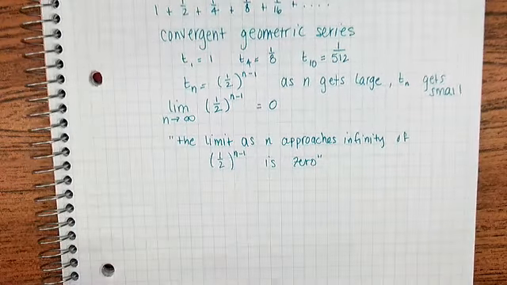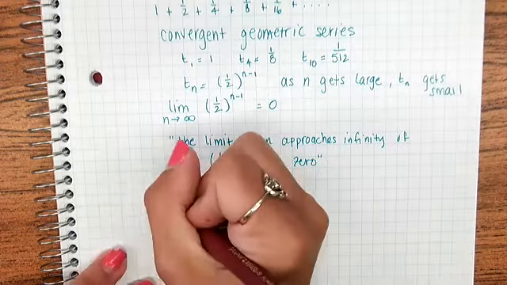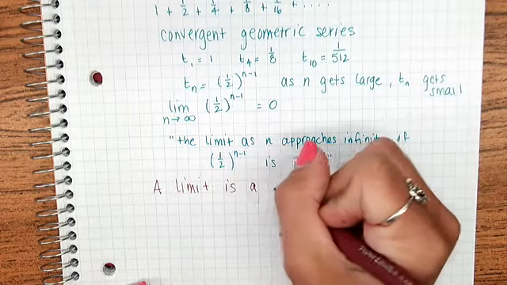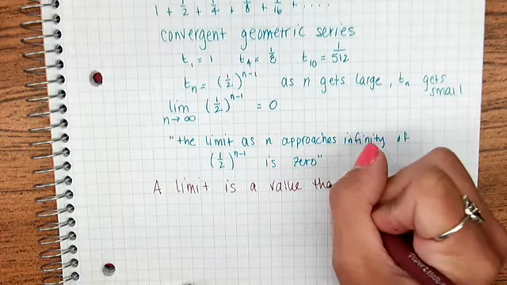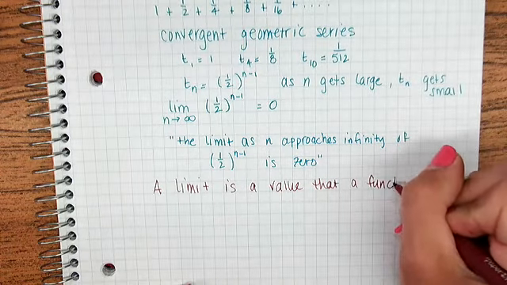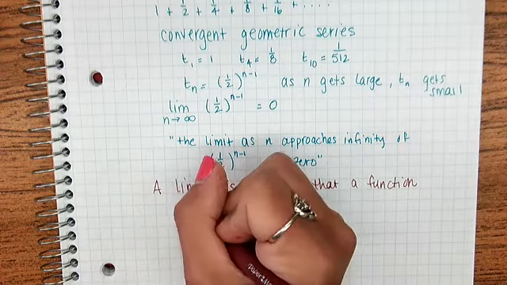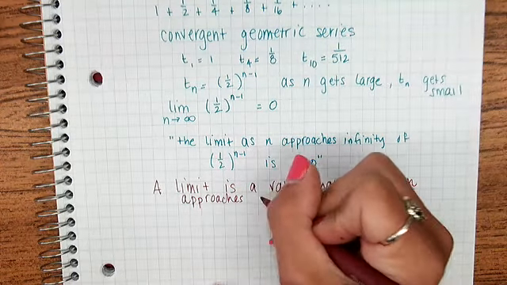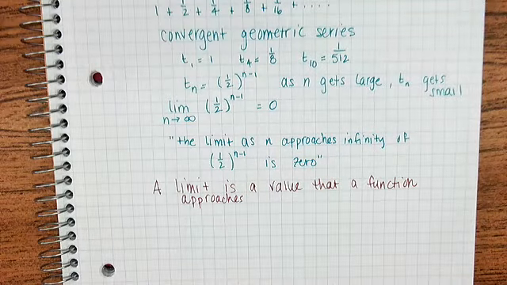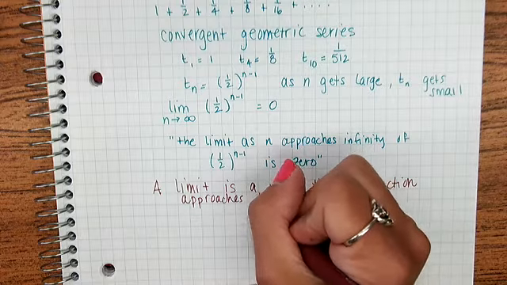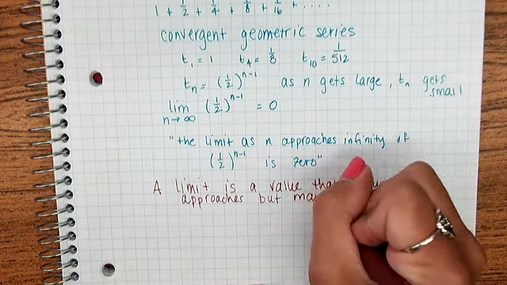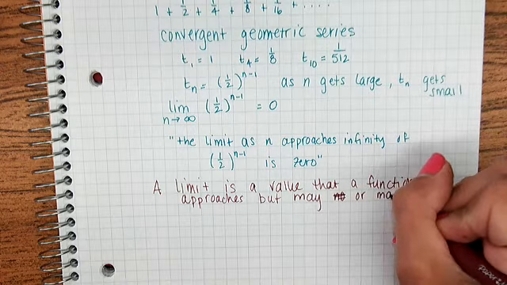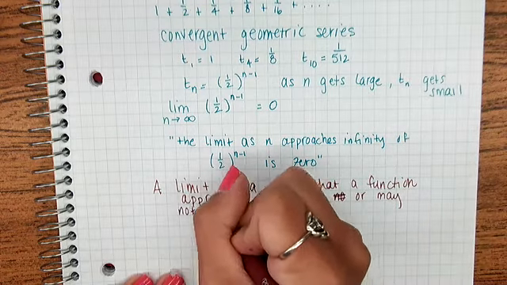So a limit is a value. What is a limit? A limit is a value that a function approaches, but, such bad handwriting, may or may not ever equal.